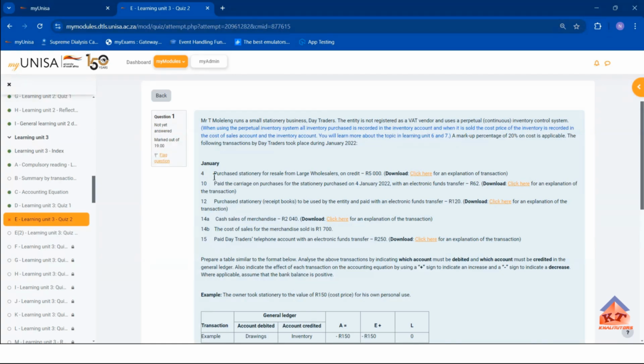These are the transactions that took place. On the 4th of January, the entity purchased stationery for resale from large wholesalers on credit for 5,000. If you purchase stationery for resale from large wholesalers on credit, you are basically purchasing inventory.